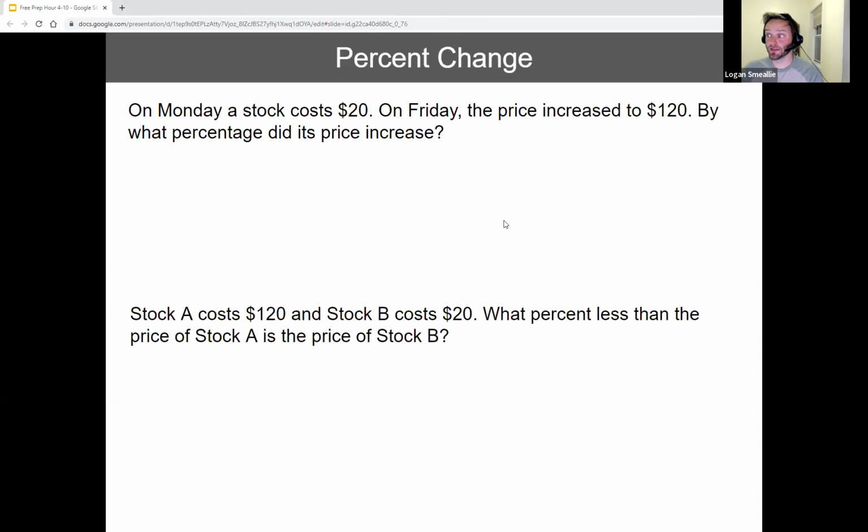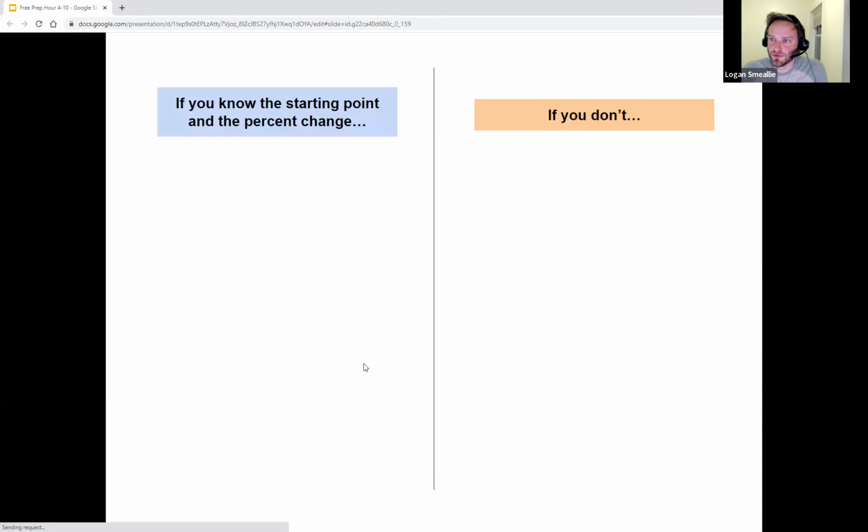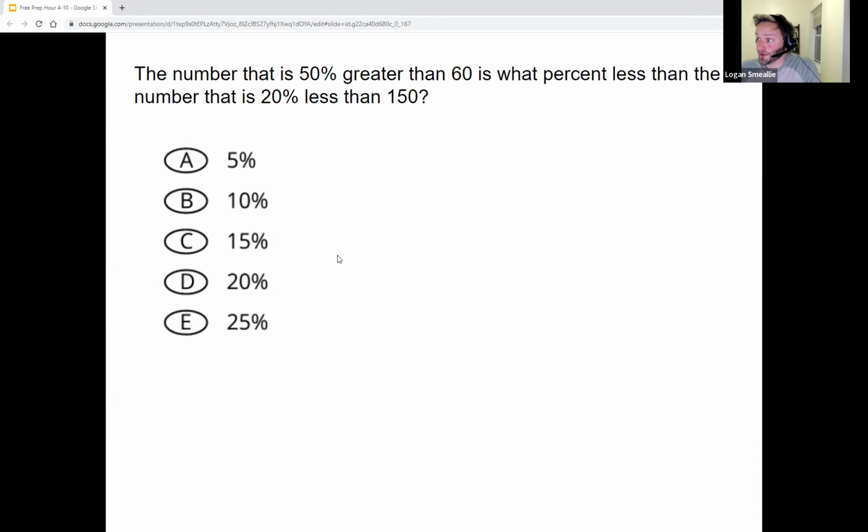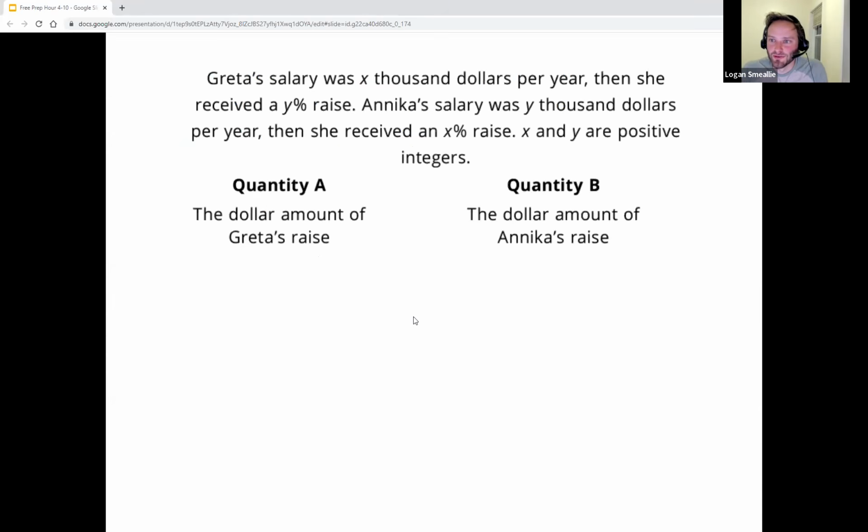And the ones like this, where they just give you the input and they say, how much did it increase? If you can handle these on the screen, and if you are handling these that we got here, you are all set for percent change. And ones like this are more of challenge mode. Always good to get to challenge mode, but it's fair to have to build up to it as well.